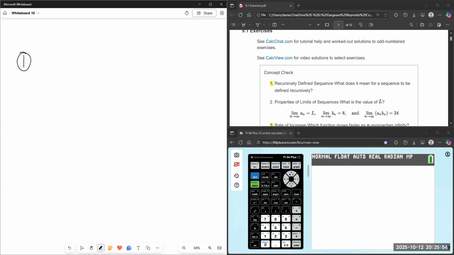So what does it mean for a sequence to be defined recursively?